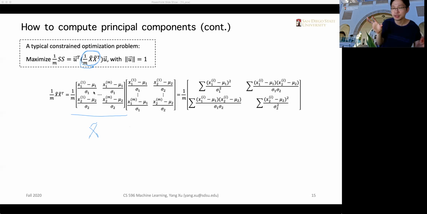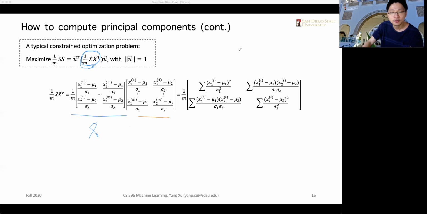We take the mean of the first feature, which is mu1, subtract it from each item, and divide by the sigma, which is the standard deviation for the first feature. And this thing on the left is just the transpose of x tilde, right? We just transpose the whole matrix.